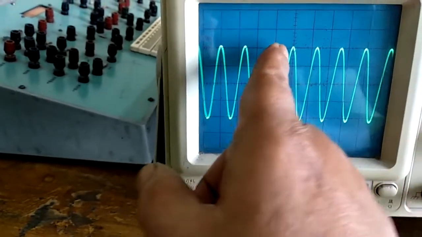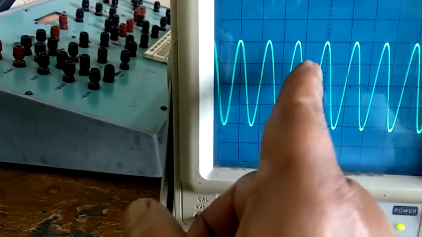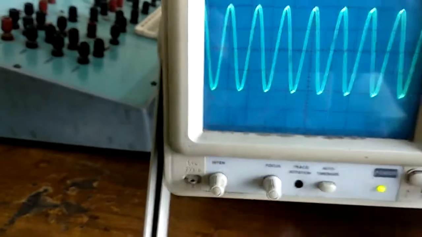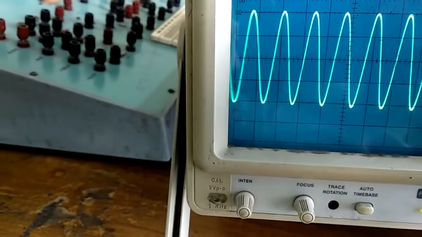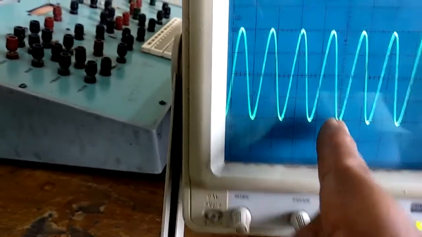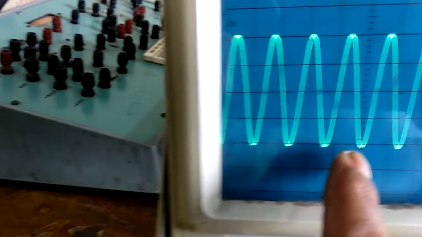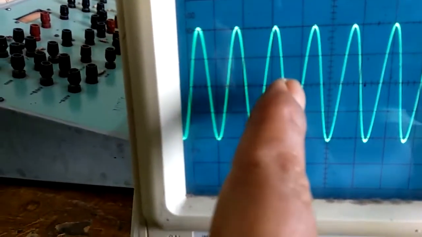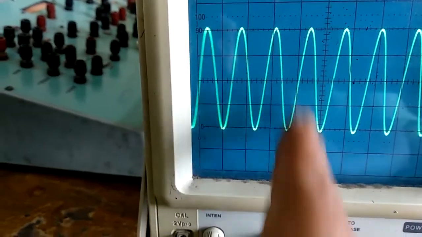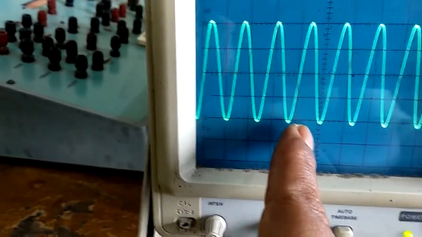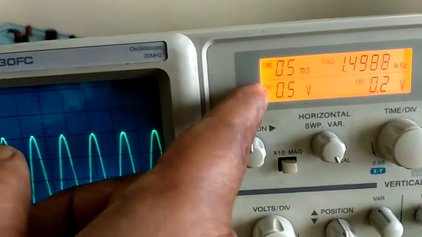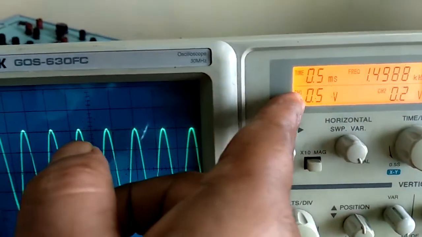So this is 1 division, 2 divisions, 3 divisions, 4 divisions, and then after shifting horizontally, 4.2 divisions in total. The volts per division is already set at 0.5 volt per division.